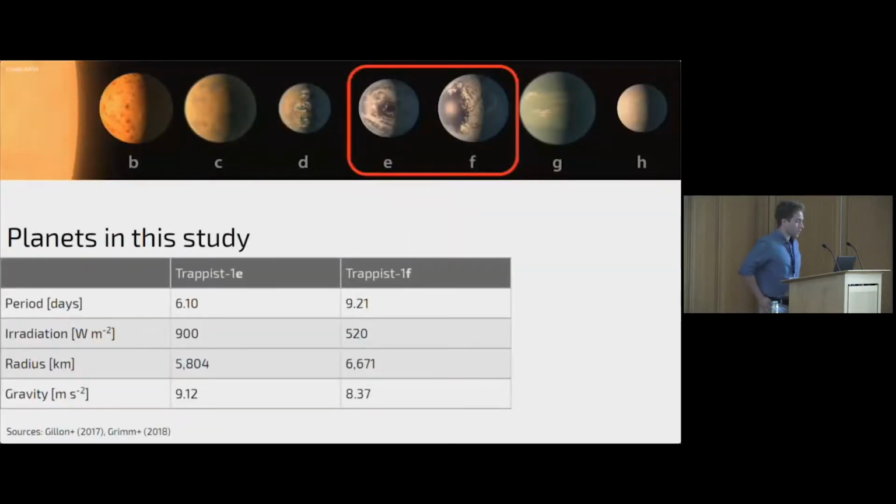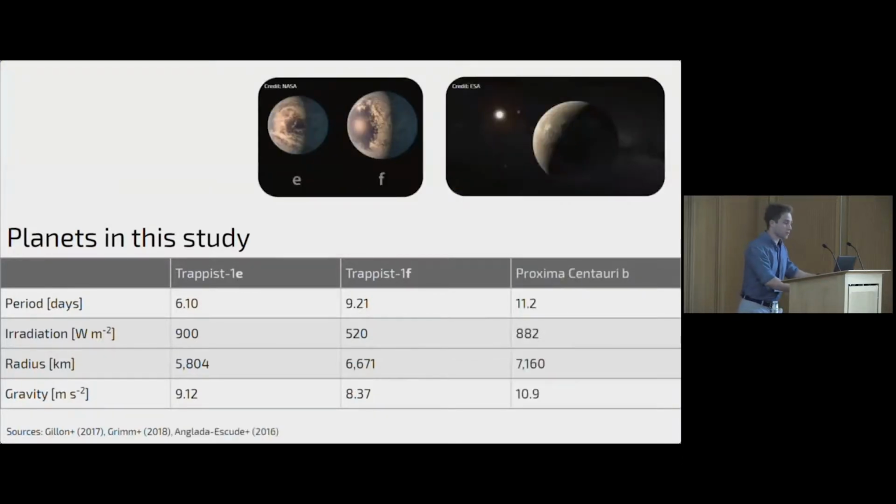So, what planets have been looked at so far? These are well-known terrestrial exoplanets, namely TRAPPIST-1e and TRAPPIST-1f, but also Proxima Centauri b.